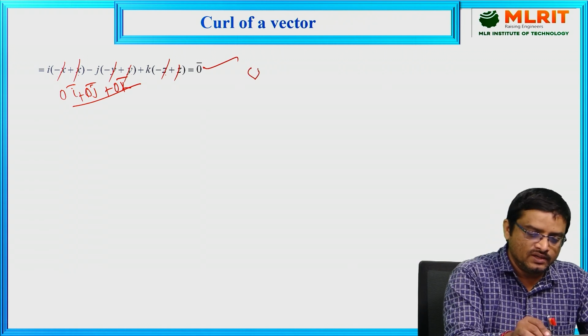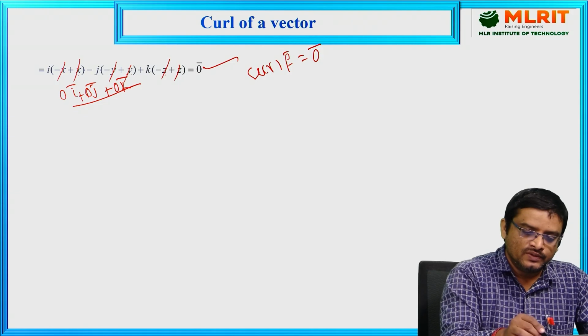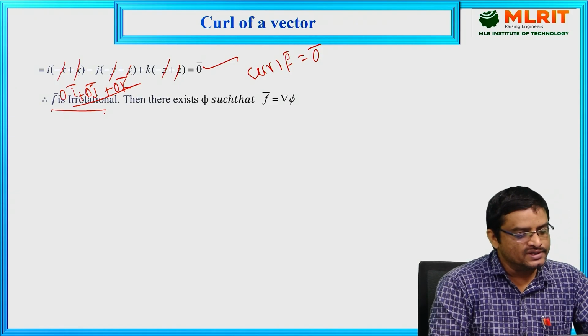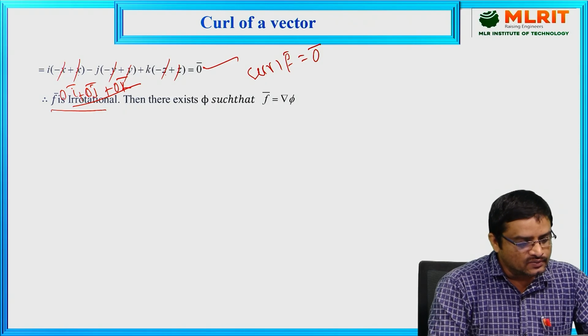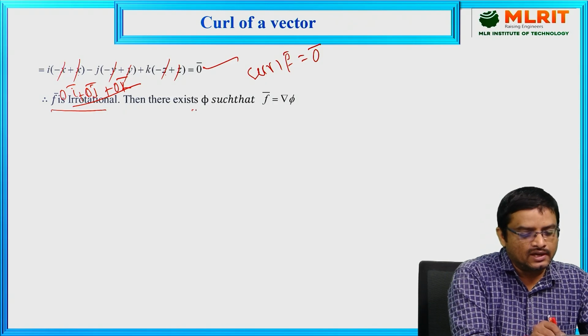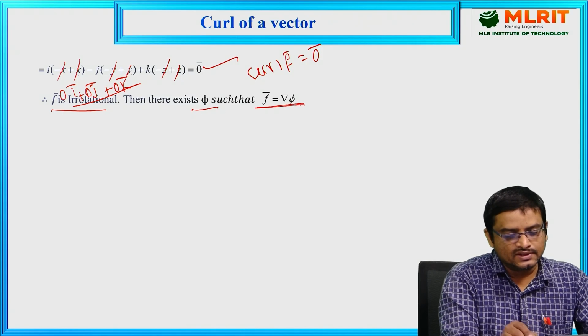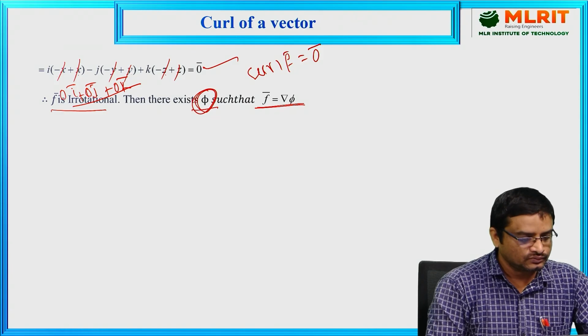So finally we got curl F bar equal to 0 bar. Whenever curl F bar is equal to 0 bar, we can say that F bar is an irrotational vector. Whenever F bar is an irrotational vector, you will get some scalar potential, a scalar point function, which satisfies this condition. Now our task is to find that pi value here.